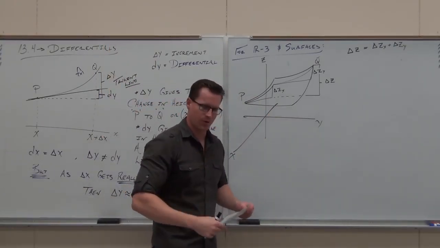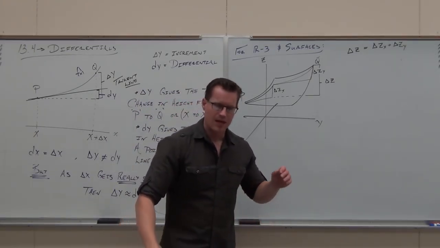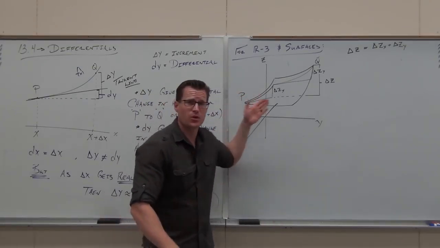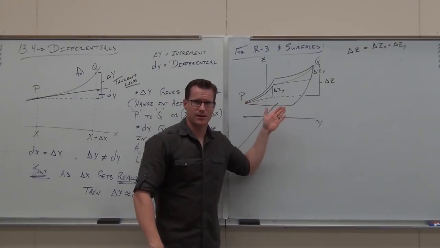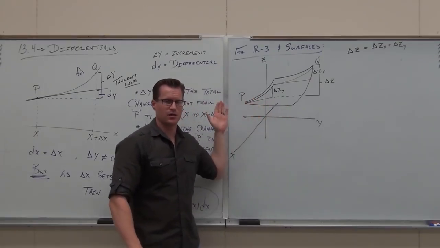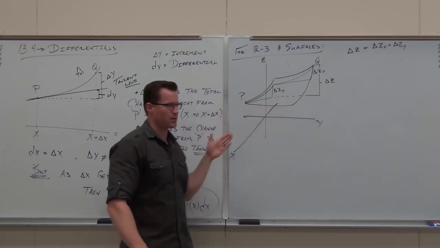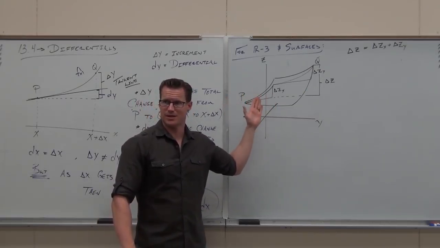Here's the cool part about it. If I'm just going along the x direction, I am in a plane that is parallel to the what plane? If I'm in the x direction, I'm parallel to the xz plane. Does that make sense?